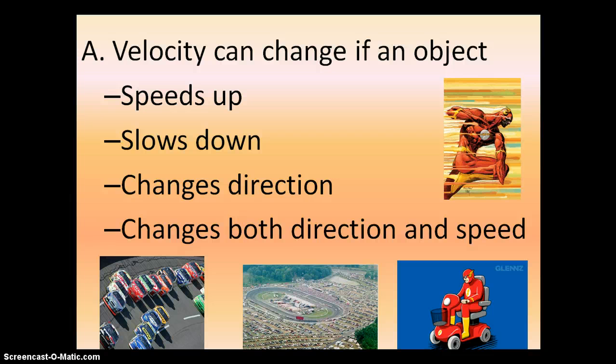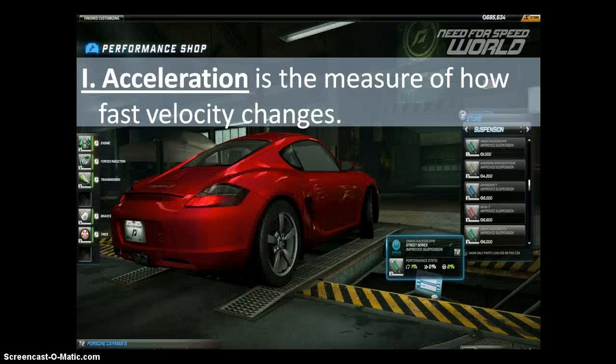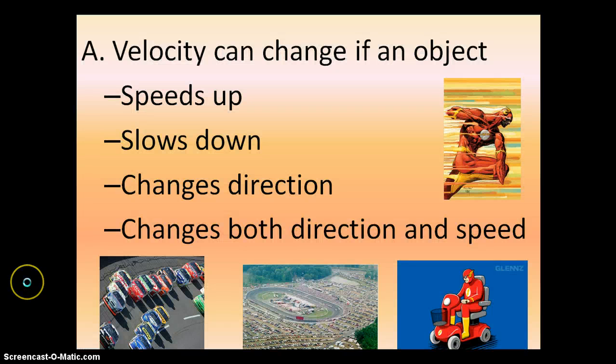Now, if you remember, velocity, and how fast that changes is called acceleration, according to the definition we learned right here, right? So, if velocity changes, acceleration changes. These 4 ways are how velocity and acceleration can change, so that's your answer for ECQ number 2.